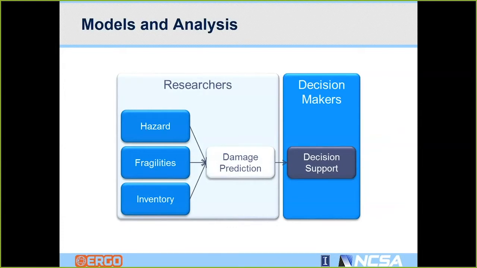Researchers may be gathering inventory attributes, the age of the structure, number of stories if it's a building, and all that kind of feeds into a damage prediction model, which then feeds into decision support so that decision makers have a quantifiable result to make some decision based on some kind of planning, perhaps.